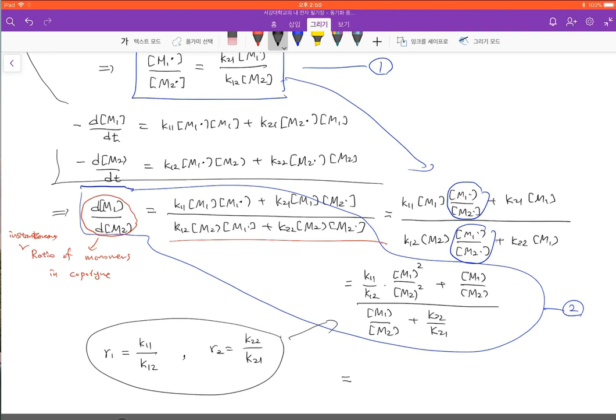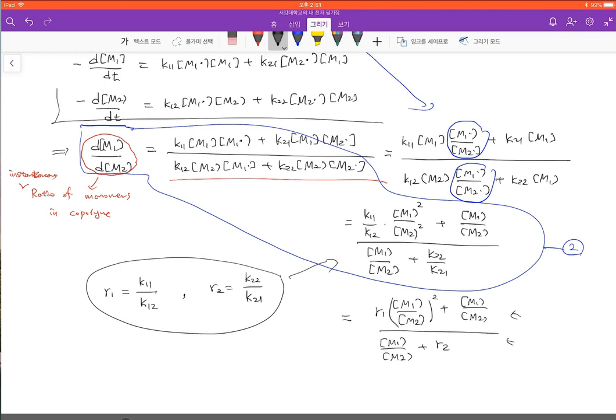Then you can put this in here, and if you rearrange it, you get r1 (M1/M2) squared plus M1/M2, over M1/M2 plus r2.